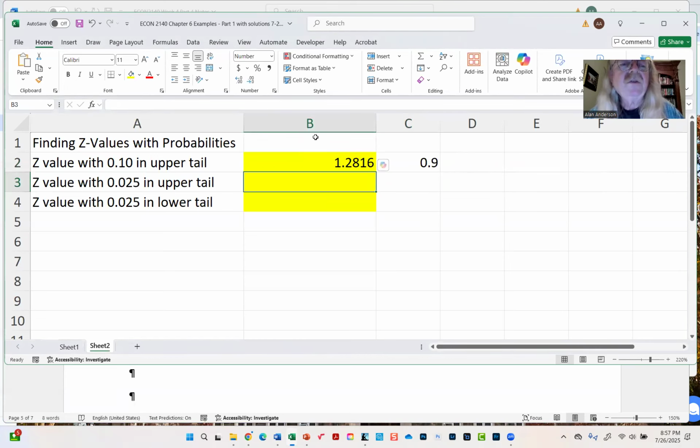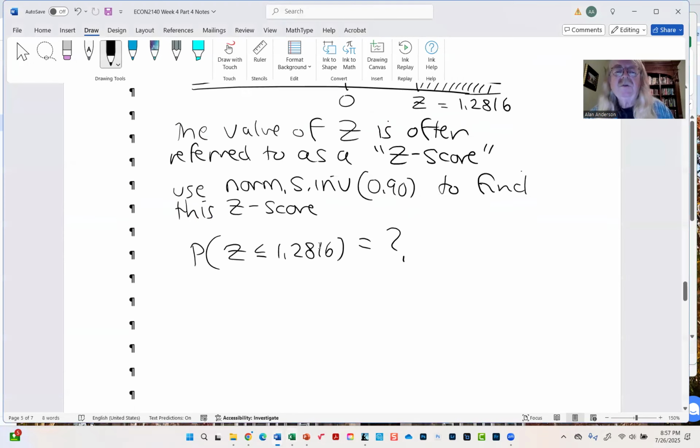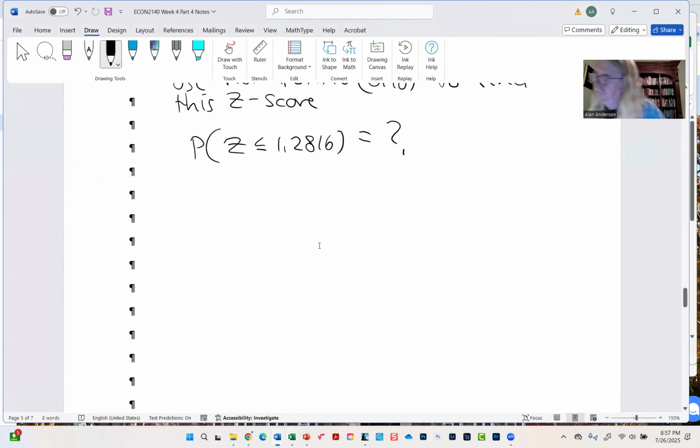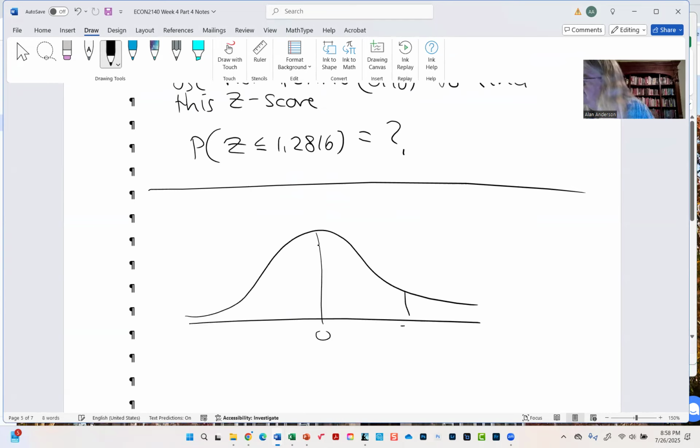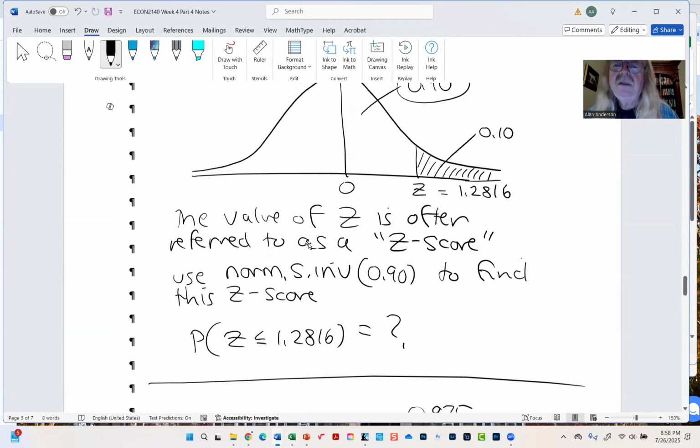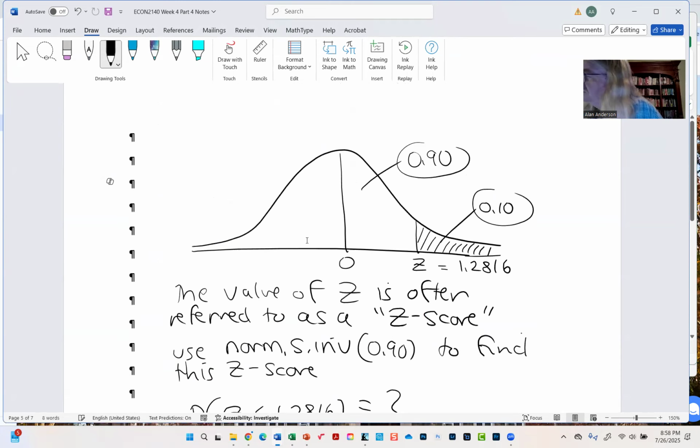Now, this next one is 0.025 in the upper tail, so it'll be very similar to this one. And remember, those two have to add up to 1. Okay, that's where that's coming from.